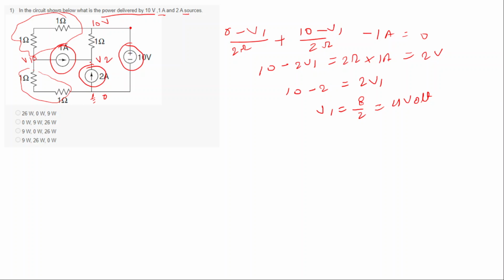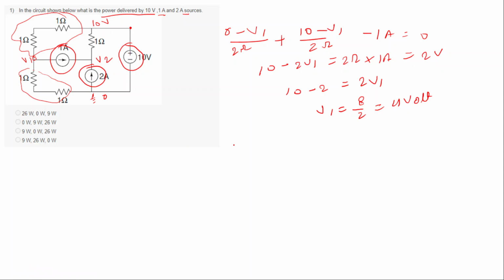Similarly, let's apply the node voltage equation at node 2. The incoming current will be 1 ampere plus 2 ampere plus the incoming current (10 minus V2)/1 ohm equals 0.